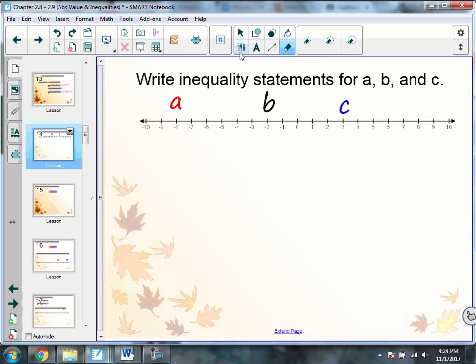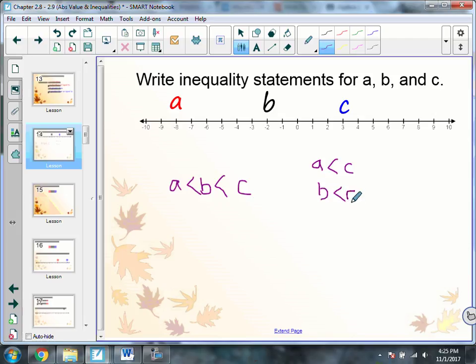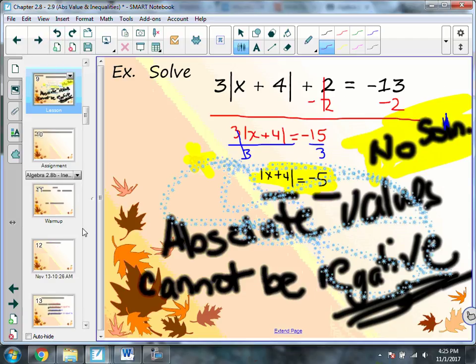If we were to write inequality statements for the following, I could say A is less than B, because A is -8 and B is -2, which is less than C. This is called a compound inequality because A is less than B is less than C. What's also true is A is less than C, B is less than C. You could write C is greater than A. Let's redo that.